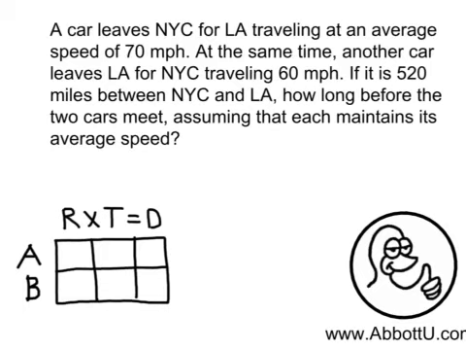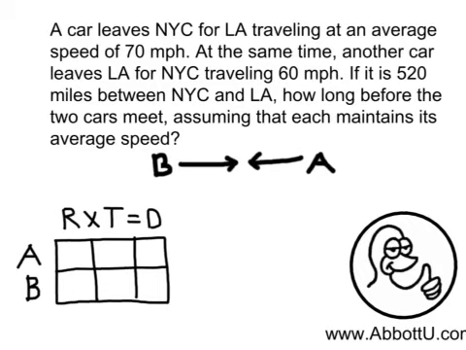So I'll try to keep the whole east-west orientation going here. Here's car A, and it's traveling west, and then car B is in LA, and it's traveling east. And at a certain point, they meet. Now, let's see. Car A travels at 70 miles per hour, and car B travels at 60 miles per hour.